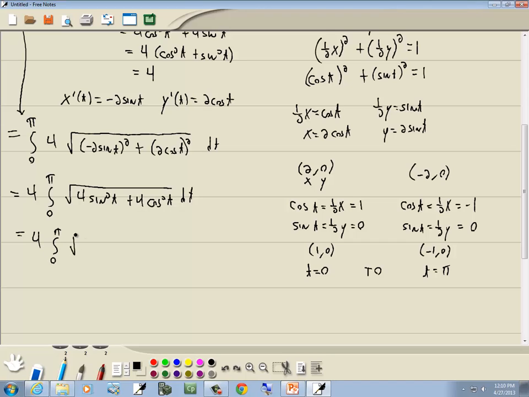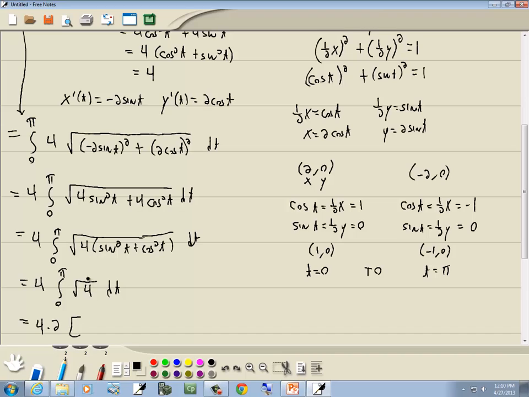which we can factor a 4 out. And that gives us sine squared t plus cosine squared t dt. Sine squared plus cosine squared is 1. So this will be the square root of 4 dt. Now the square root of 4 is 2, so we'll put that out in front.